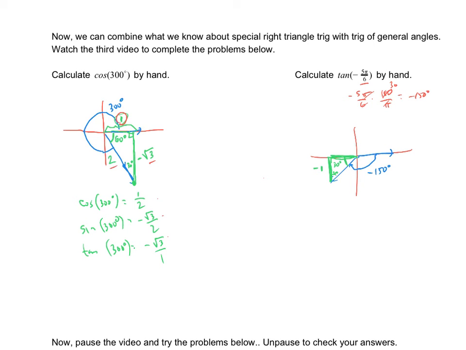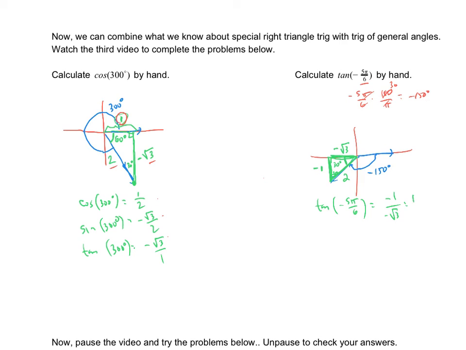This side opposite 60 would be square root of 3 times that. And again, it would be negative because I'm moving backwards. And then my hypotenuse would be twice that, but remember, it's always positive, so it's 2. So my tangent of negative 5 pi over 6 would be opposite negative 1 over adjacent negative square root 3.